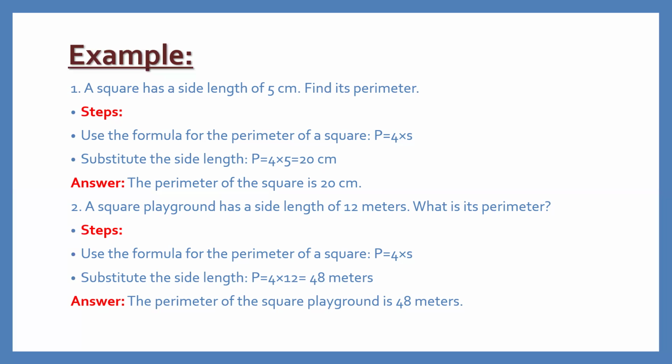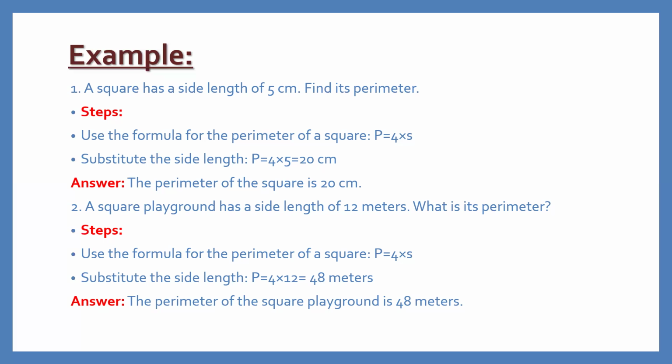Then write the formula of the perimeter of a square, which is P equals 4 multiplied by S. As S is given as 12 meters, substitute 12 in the formula. 4 twelves are 48. Unit is compulsory, which is meters. So the final answer is: the perimeter of the square playground is 48 meters.